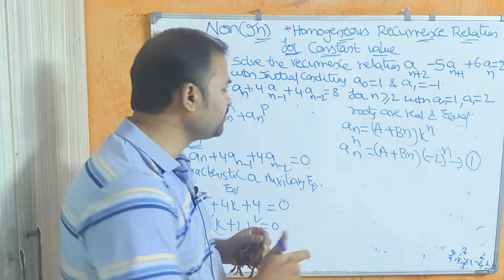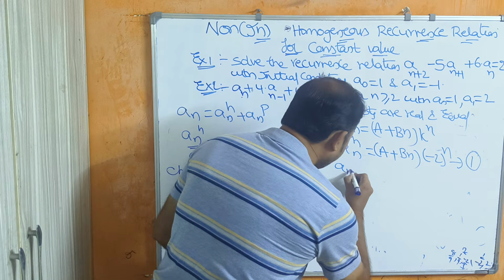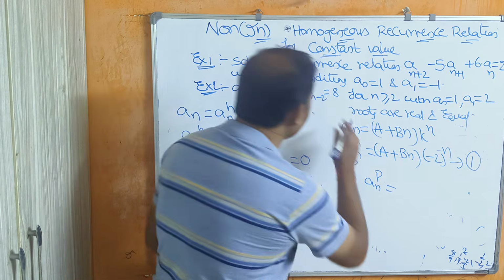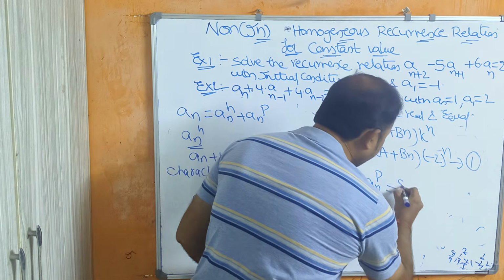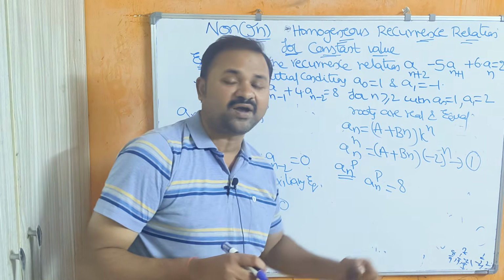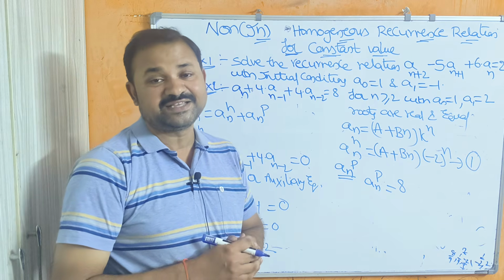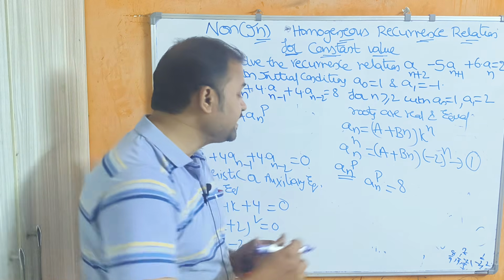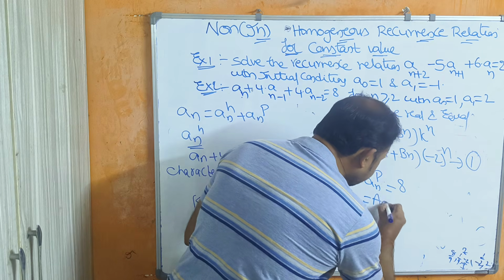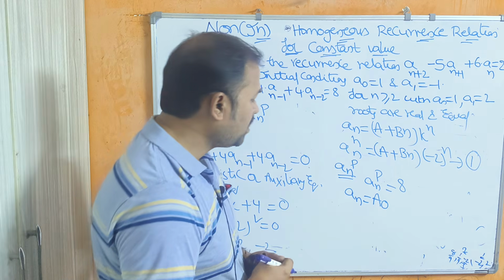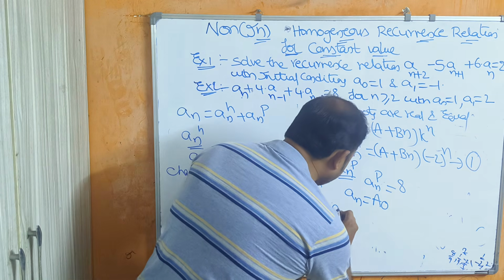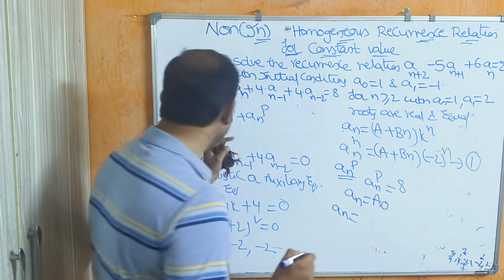Now we have to compute an power p. So what is an power p? An power p is nothing but particular solution. That is nothing but 8. So 8 is nothing but constant. So if we have constant at the right hand side, then the general solution is an power p equal to a naught. So now the complete solution will become, what is the complete solution? An equal to, what is the formula?